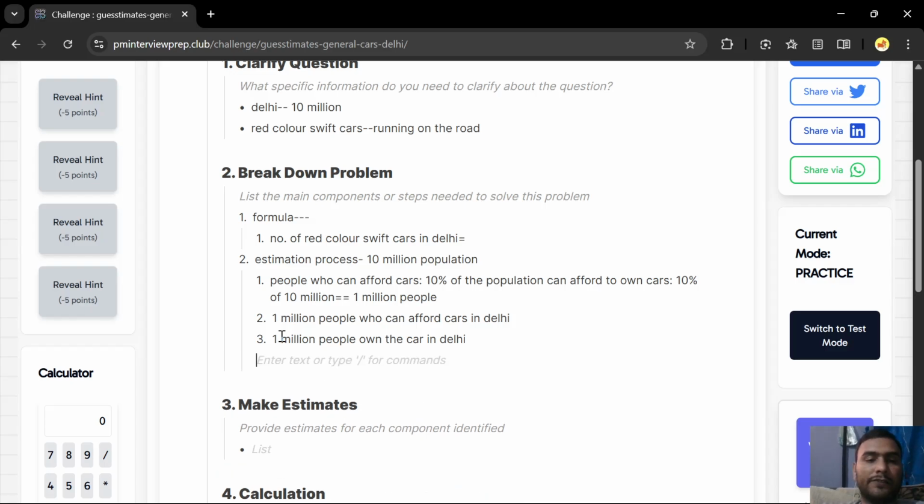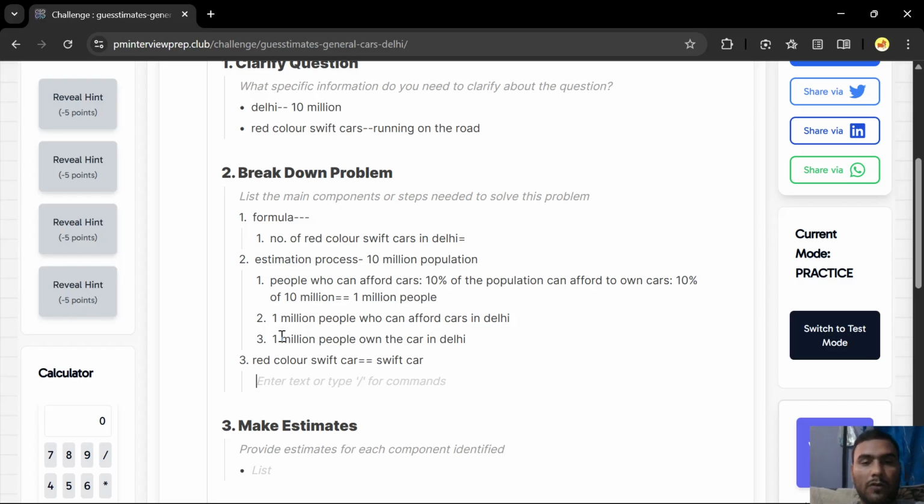Now let us come to the second set of factor in our equation, which is red color. Before coming into the red color, let's focus on the Swift car specifically. Then we'll come into the red color. So of the 1 million people that own the car, how many own the Swift car?